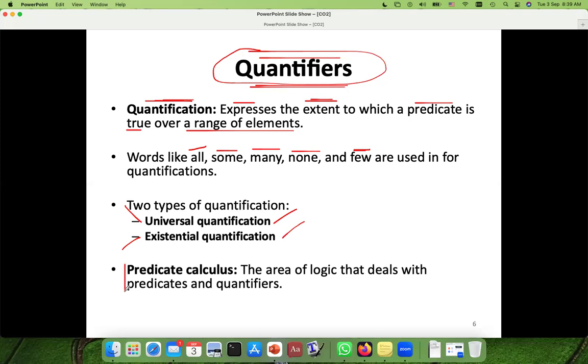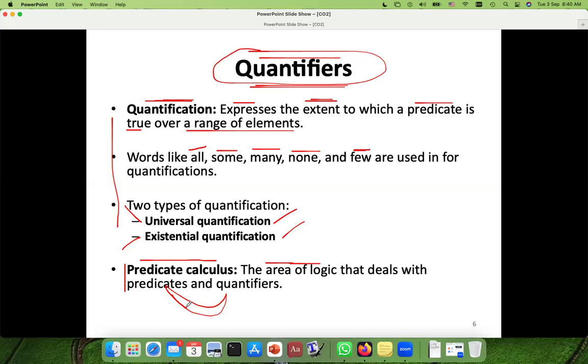Now, this is just a definition, not linked with this one, because we are in a new field that is called predicate logic or predicate calculus. What is that field? What is that area? That is the area of logic which deals with what? Predicates and quantifiers, two things, in which you will have mathematical equations including predicates and quantifiers.